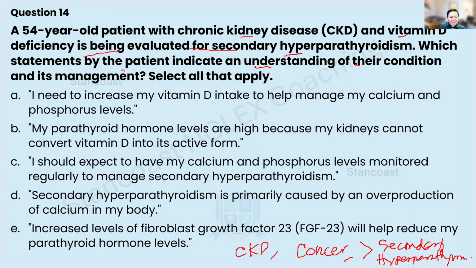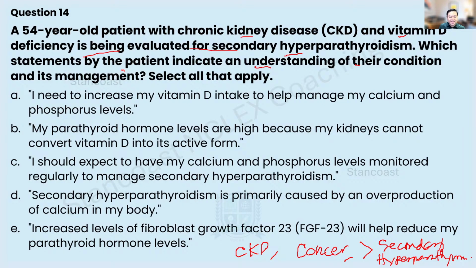Is that A, I need to increase my vitamin D intake to help manage my calcium and phosphorus levels? Or B, my parathyroid hormone levels are high because my kidneys cannot convert vitamin D into its active form? Or C, I should expect to have my calcium and phosphorus levels monitored regularly to manage secondary hyperparathyroidism?